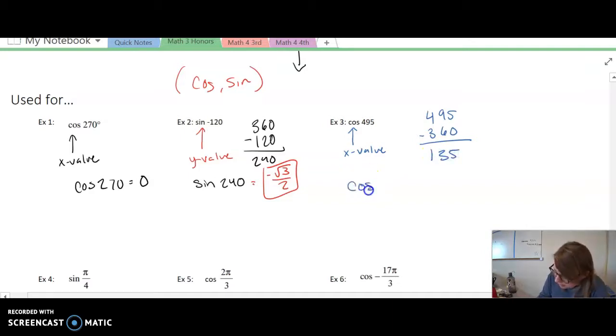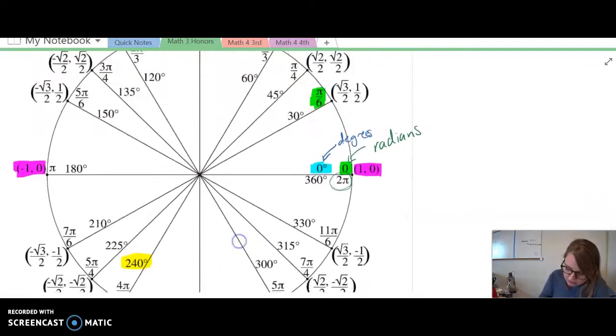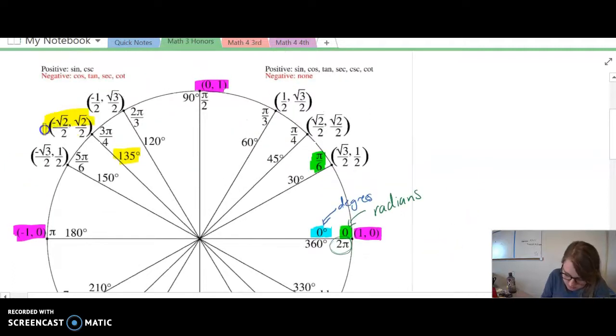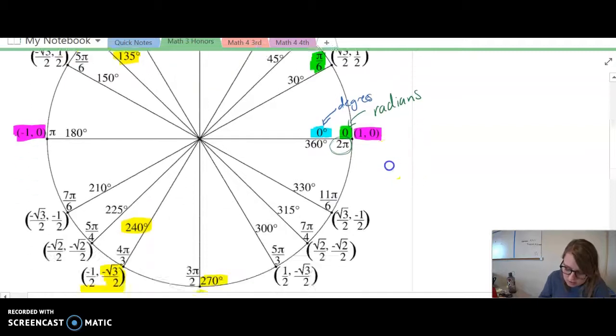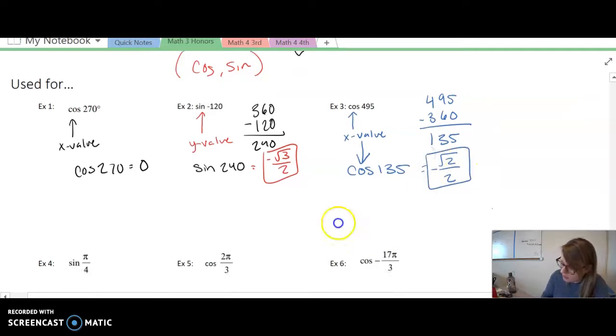So here we're finding the cosine of 135, and we know that my cosine is my x value, so going to 135 on the unit circle, and then going to my coordinate, and we only need the x value, so my answer is negative square root of 2 over 2. And that would be it.